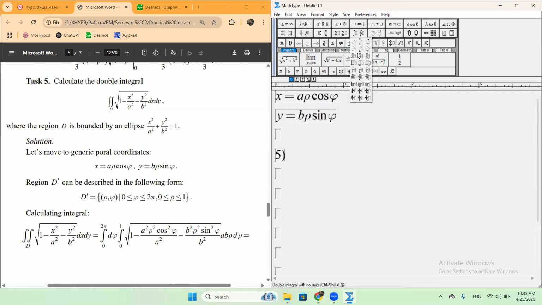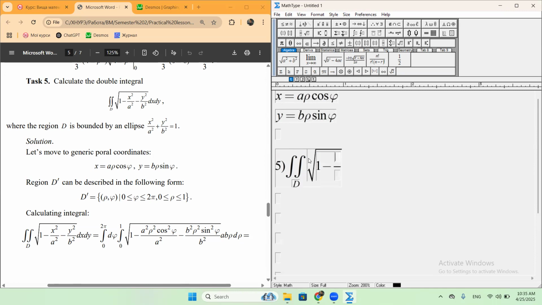We have the following integral over D of the expression 1 minus x square over a square minus y square over b square, dx dy.